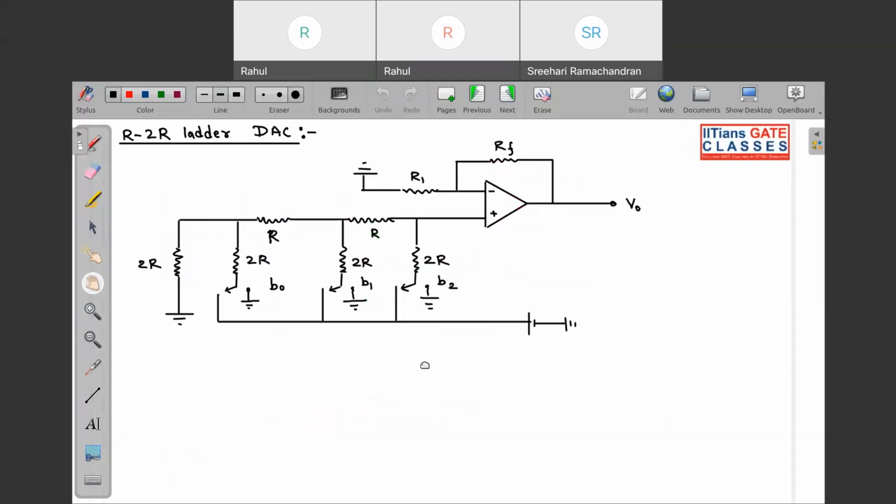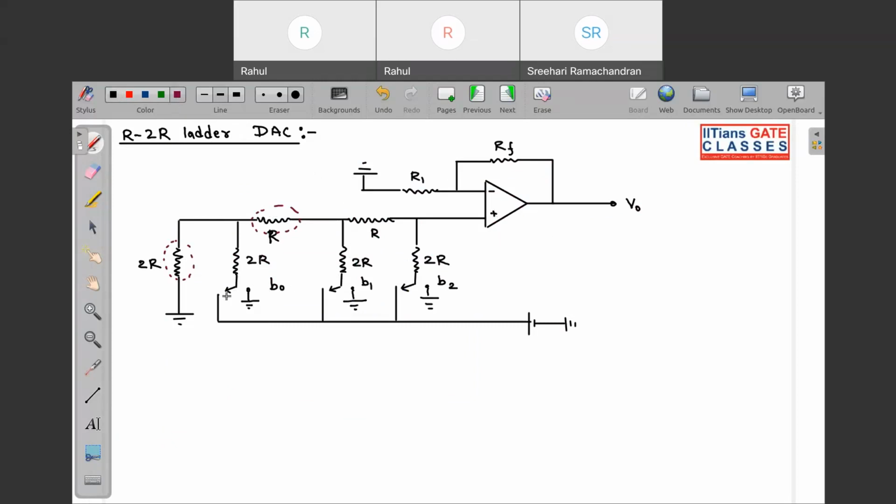Next we have the R2R ladder DAC. Here we have the same kind of logic, but you can see we are using only two sets of resistance: one is 2R, another is R. So this is the R2R ladder DAC.